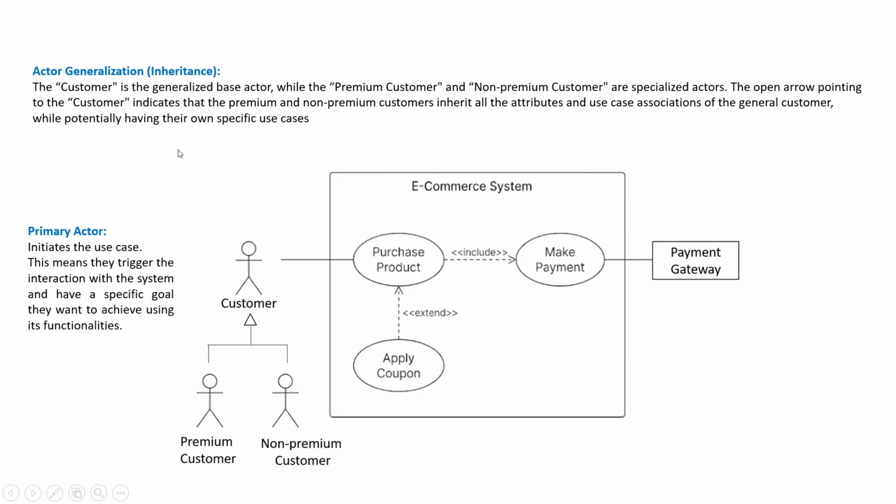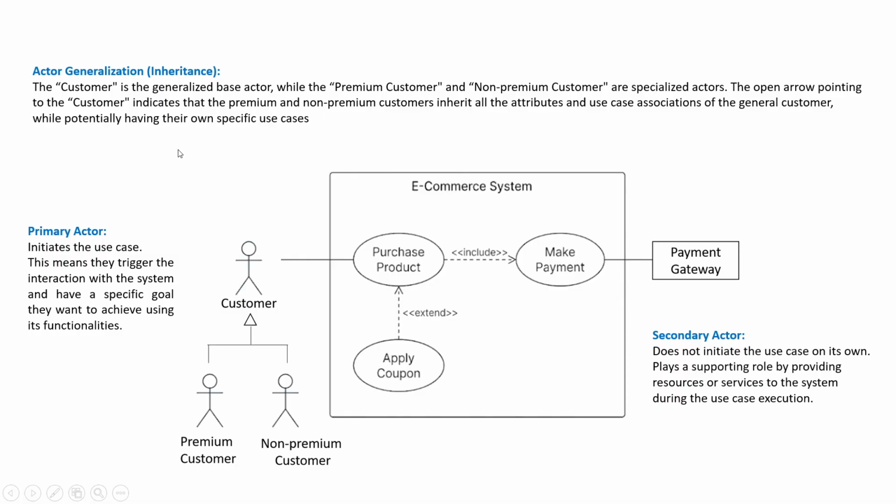Now, there's also the concept of a primary actor and a secondary actor. A primary actor initiates the use case. This means they trigger the interaction with the system and they have a specific goal they want to achieve while using its functionalities.